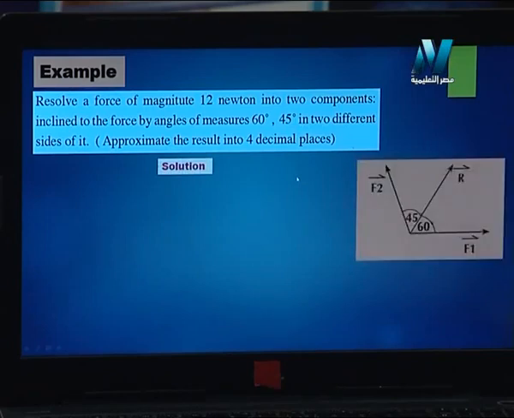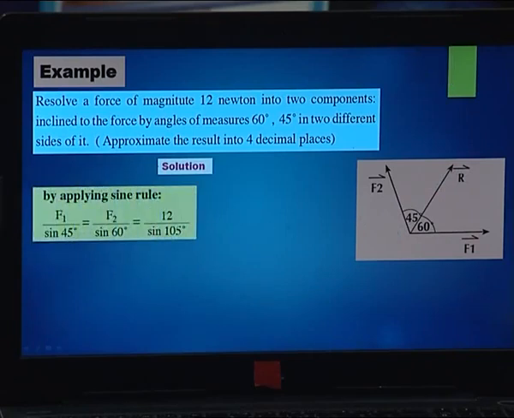The solution: we have here F1, the first force, inclined by an angle 60 degrees to R, which is the resultant, and we have F2 inclined by 45 degrees to the resultant, and we would like to resolve R into two forces here, F1 and F2. The resultant here equals 12 Newton.